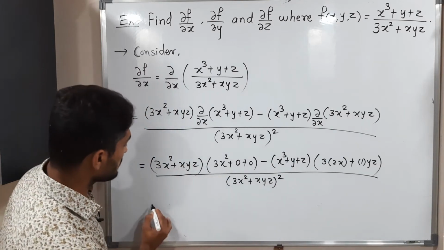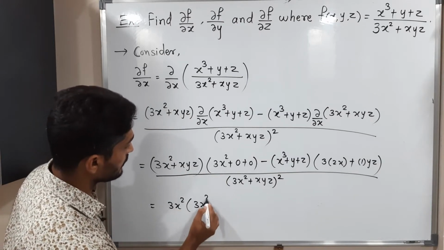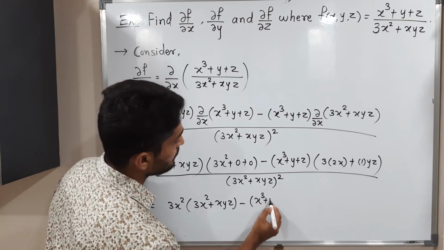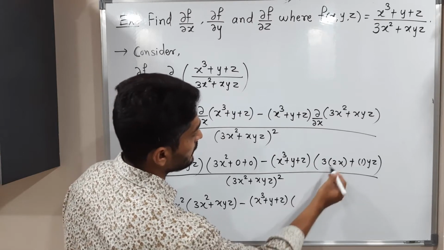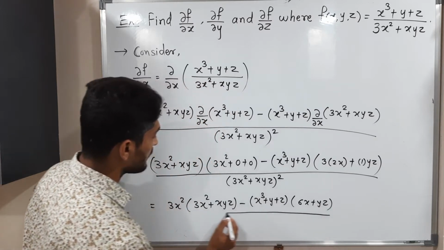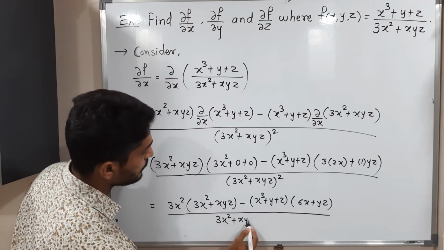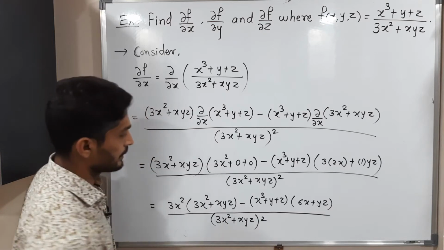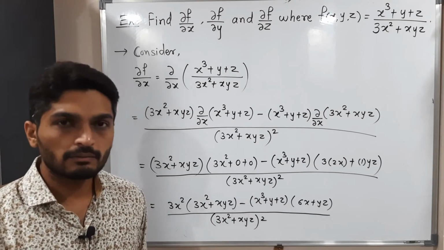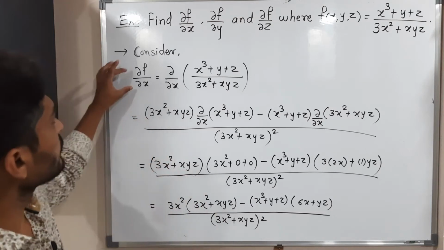This is equal to, let us simplify it: (3x² + xyz)(3x²) minus (x³ + y + z)(6x + yz), whole divided by (3x² + xyz) whole square. If you simplify it further, we will not get any great thing, we will have simply a few numbers, but you can keep it as it is also. So in this way we calculated ∂f/∂x.